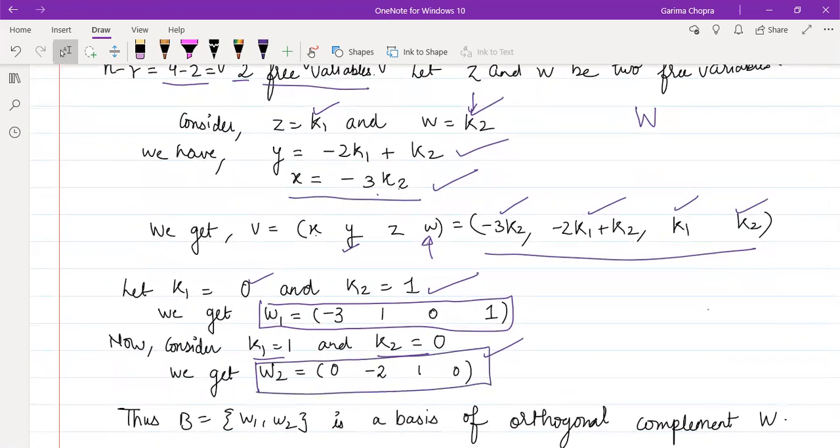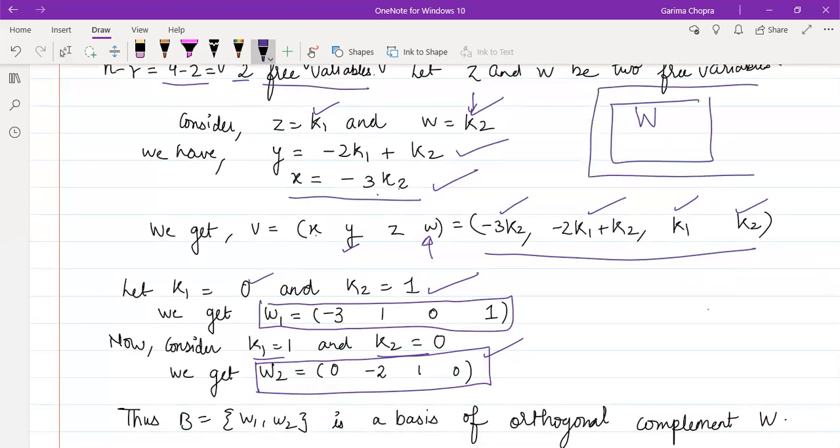And this B having these two vectors W1 and W2, these are the vectors which satisfy the homogeneous system of linear equations. Means these are the vectors lying within this W, and this W is a subspace of R4. And what is this B? B is the two vectors within this W. From where have we obtained this W1 and W2?